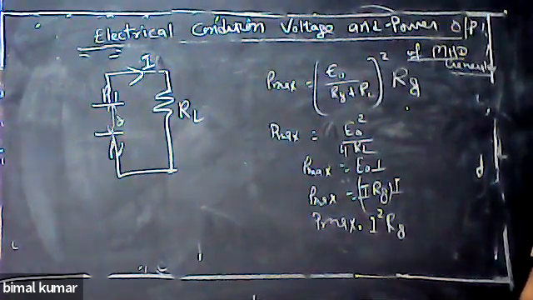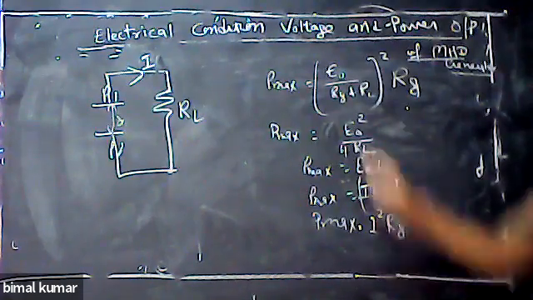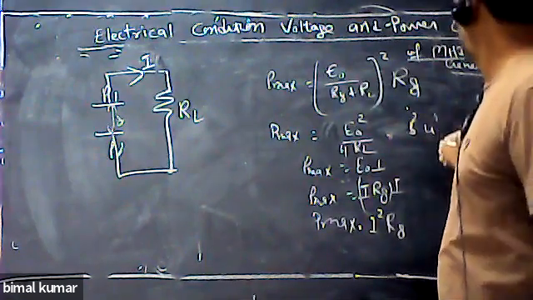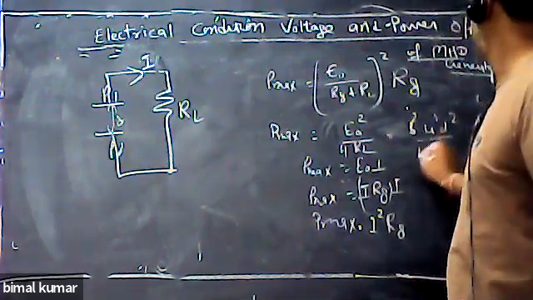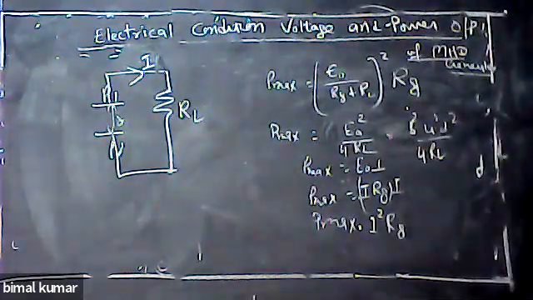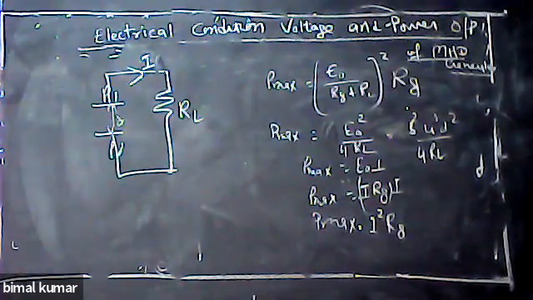So your equation will become B square U square D square upon 4RL. So this is the amount of the maximum power in terms of B, U and D.